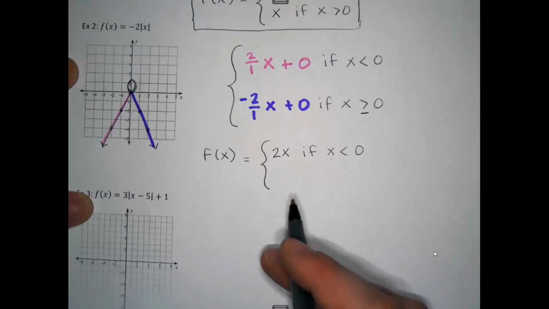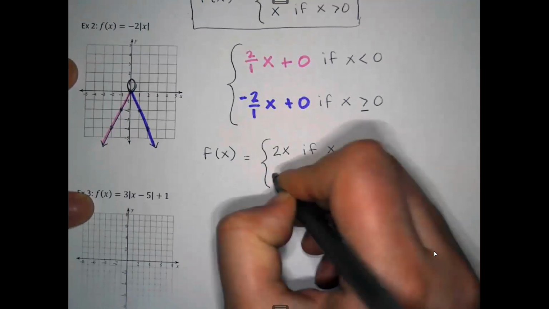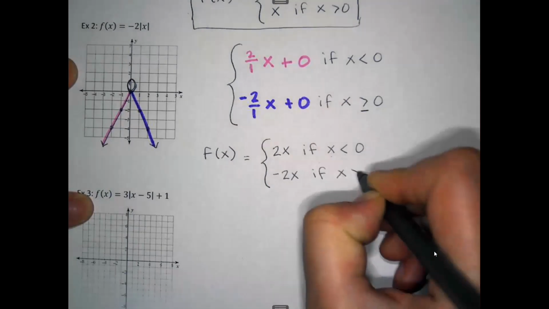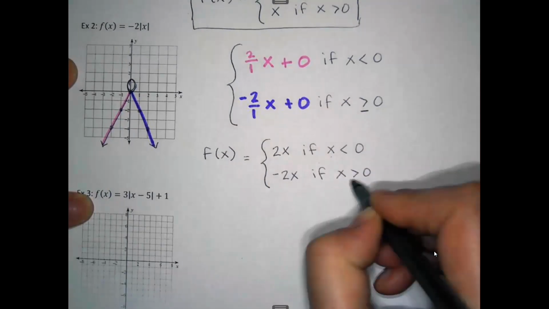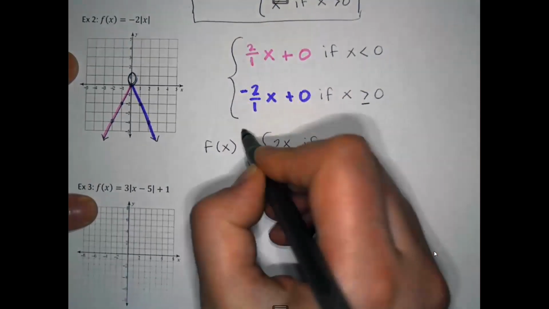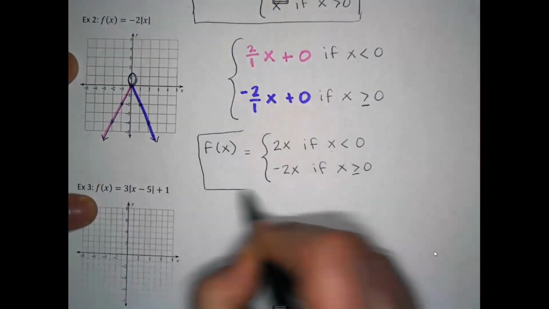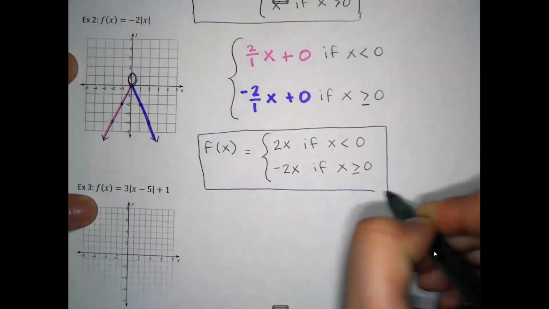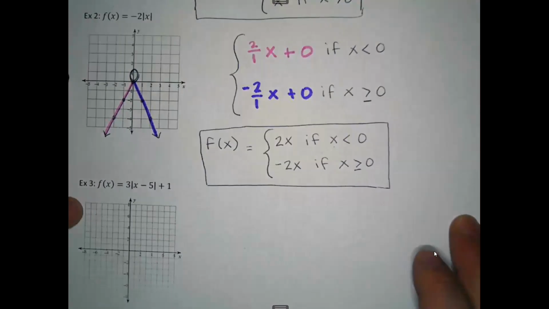What should I put for the other one? Negative 2x if x is to the right of 0. And then I'm going to put my equal to sign right there.